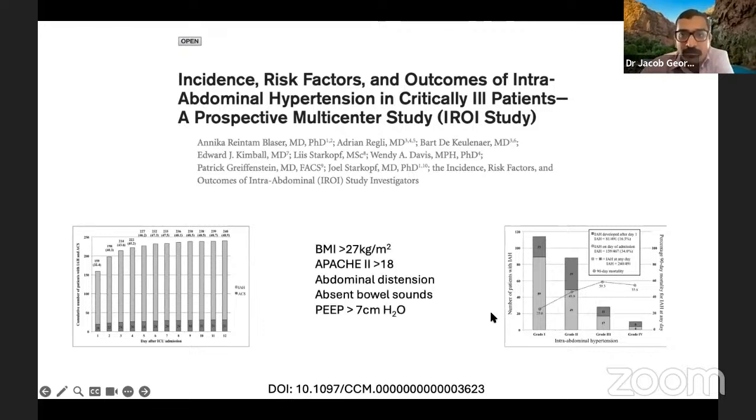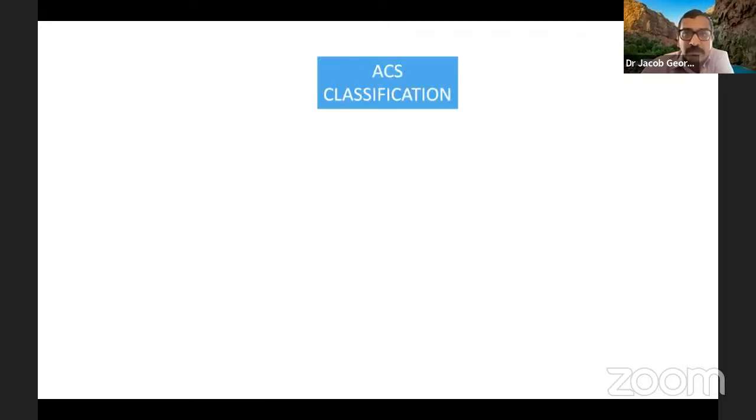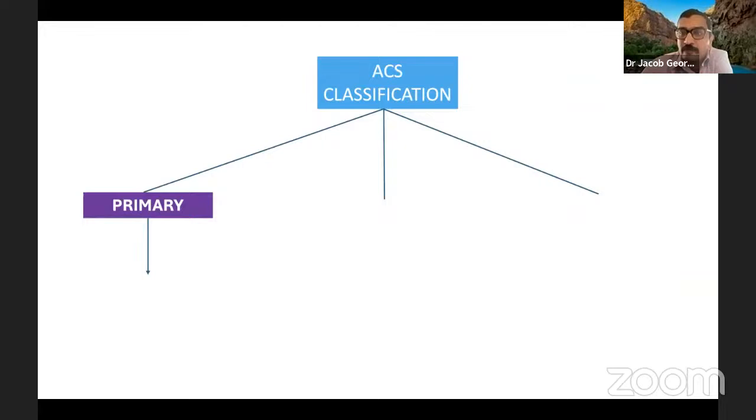Obesity, severity of illness, abdominal distension, gastroparesis, and a high PEEP are factors that are associated with raised intra-abdominal hypertension. So how do you classify abdominal compartment syndrome? It can be classified into 3. There is primary, where the pathology is primarily inside the abdomen.